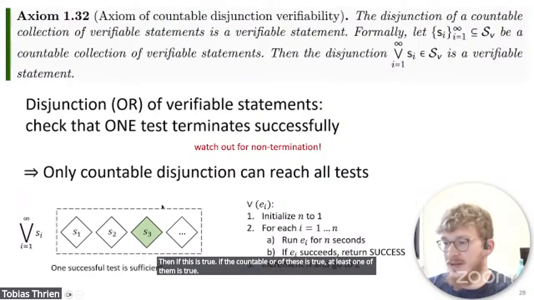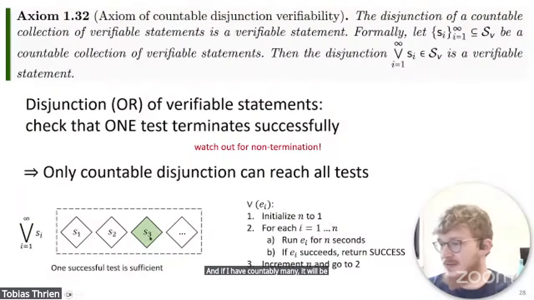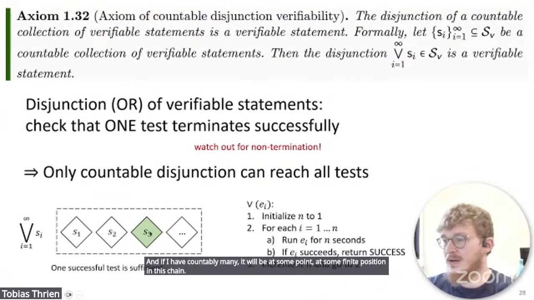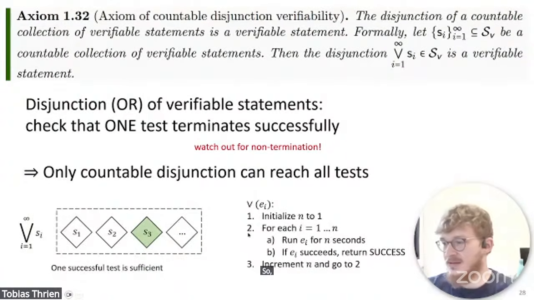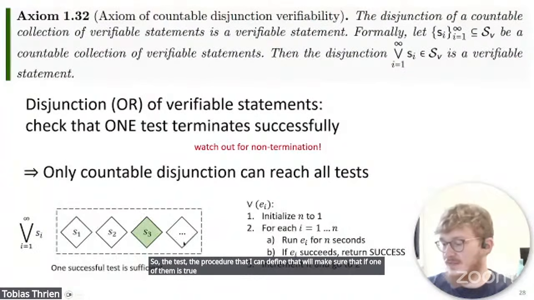And if I have countably many, it will be at some finite position in this chain. So the procedure that I can define, a test that will succeed in finite time if one of them is true, goes as follows.